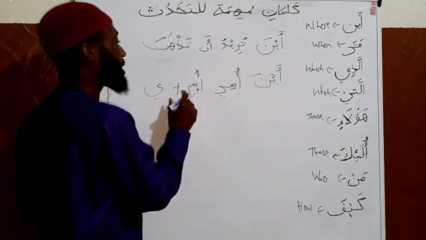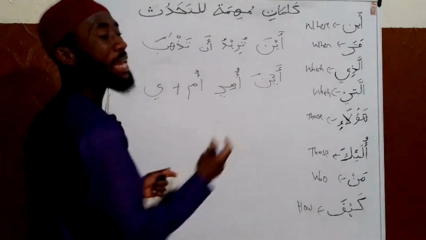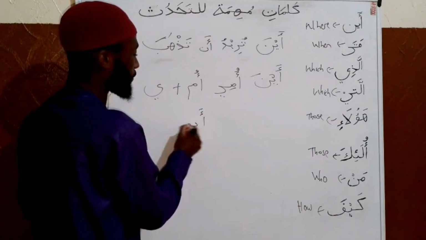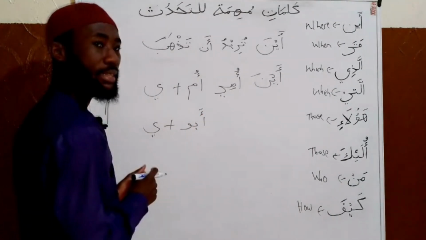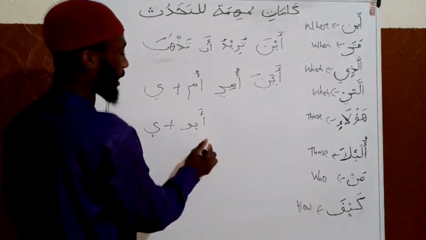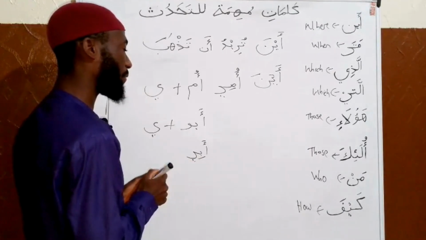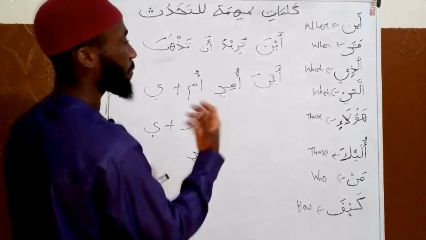That's ummi, my mother. Aina ummi, where is my mother? The same thing with abu, plus ya, it turns to abi, my father. Aina ummi, aina abi, where is my mother, where is my father?